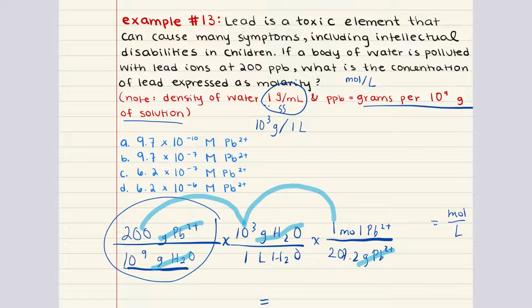So our numerator is 200 times 10 to the power 3. What about our denominator? We have 10 to the power 9 multiplied by 1 multiplied by 207.2. I'm going to round that to 200 as well. So in the denominator we have 200 times 10 to the power 9.